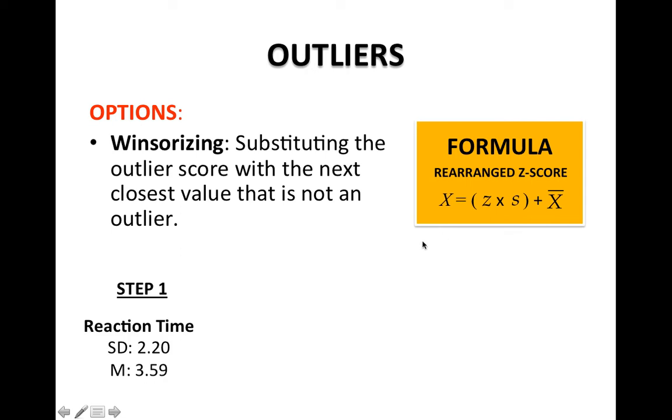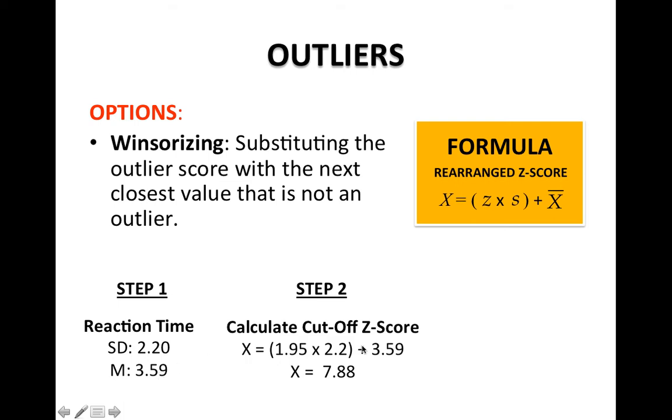For the example we just had, the reaction time standard deviation is 2.2 seconds and the mean is 3.59. What we're looking for is the score that's the most extreme but still in range. If 1.96 is an outlier, it means that the next closest score is going to be 1.95.